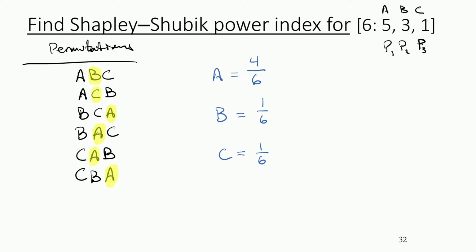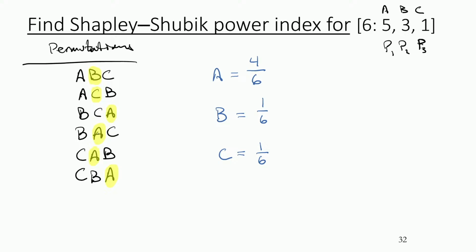So you can see how this will be similar but not identical to Banzhaf. By the way, a couple of things to note: if in Banzhaf someone is a dictator, they will be a dictator here. If someone is a dummy, that is, if they have no power, they will have no power here. If 2 people have the same amount of power in Banzhaf power index, it'll be the same in Shapley-Shubik.